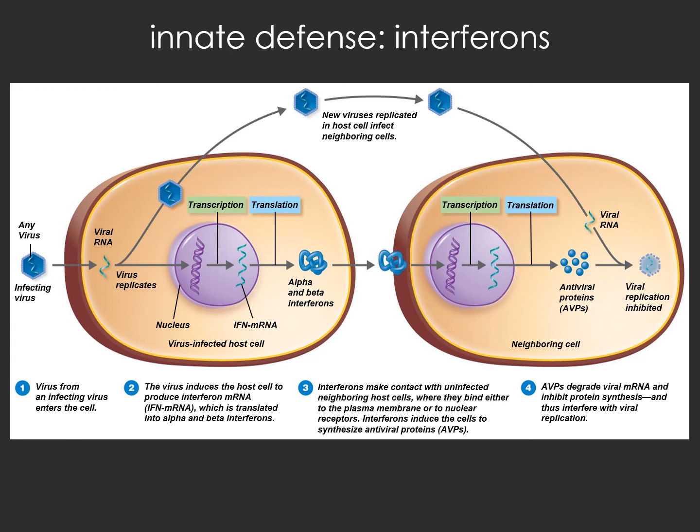Now, sounds like a great strategy, right? Why doesn't that work all the time? Why do we ever get viral infections? Well, imagine that this neighboring cell is a liver cell, and its job is to detoxify your blood or to make glucose for you, or maybe it's a pancreas cell and it's supposed to be making insulin. And instead of doing any of those things, it's just sitting there making antiviral proteins waiting to be attacked.